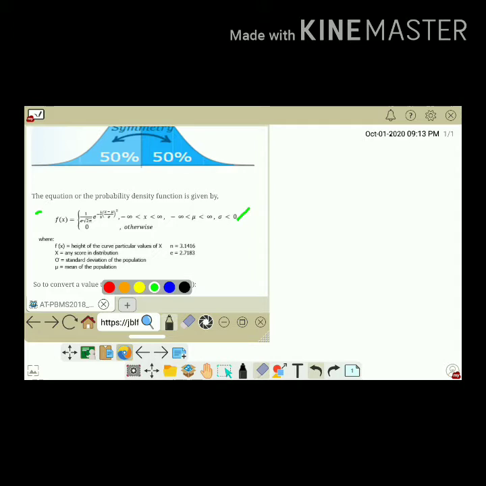Your mean should also be between negative infinity and positive infinity, and your x value would also be from negative infinity to positive infinity. We will discuss more about that later on, if you want.